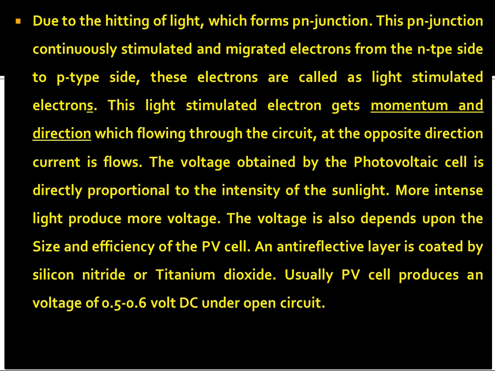Generally a PV cell produces a voltage of 0.5 to 0.6 volt of direct current under open circuit. So this is the construction and working of a typical single PV cell.